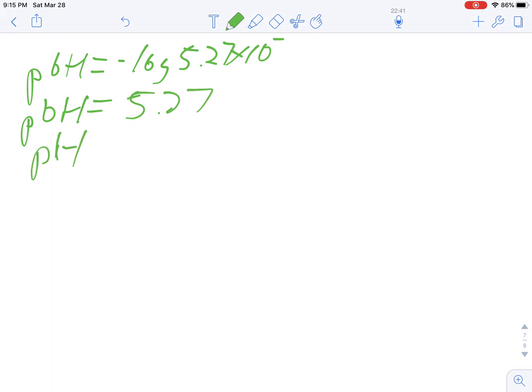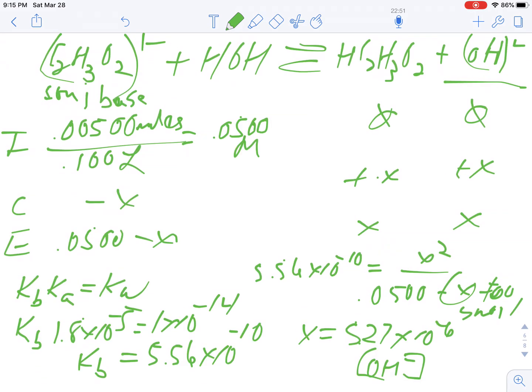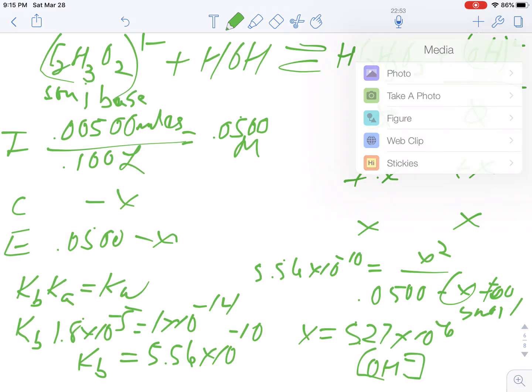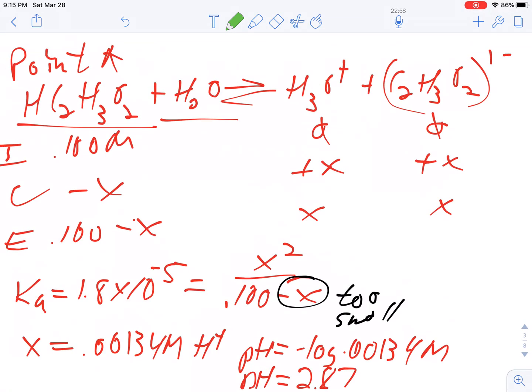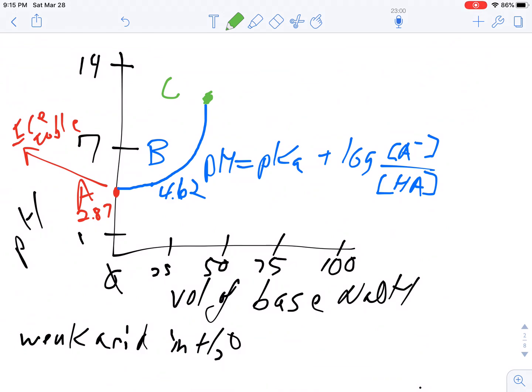Therefore, my pH is equal to 8.72. Okay? So, like I said, this salt should be making my solution basic. And if I go all the way back, there's my pH, 8.72. All right? At point C, you got to use an ice table. And like I said before, that is the point of inflection where your slope changes.